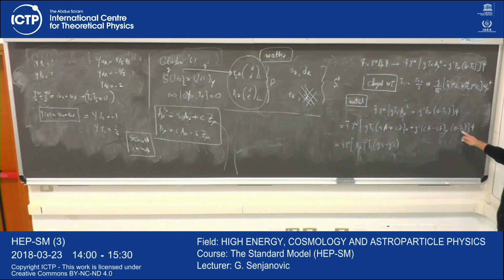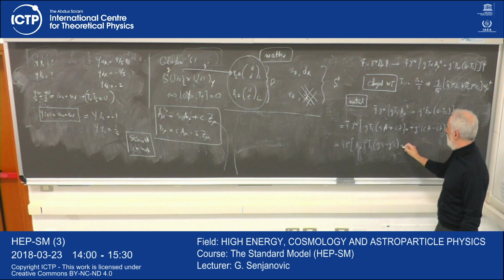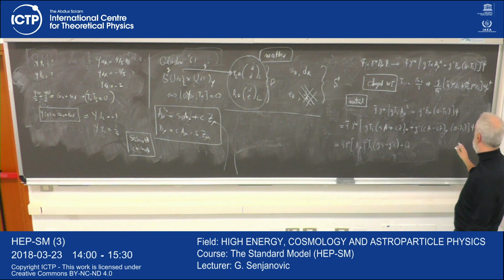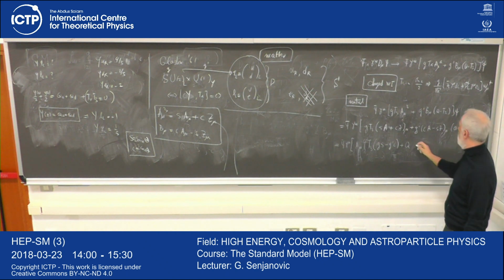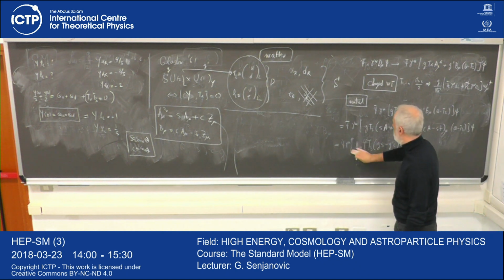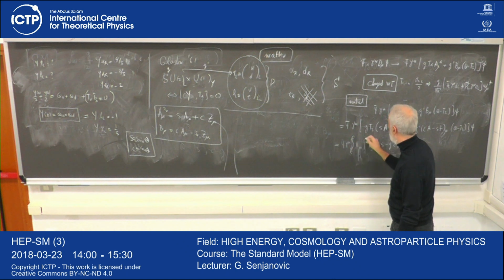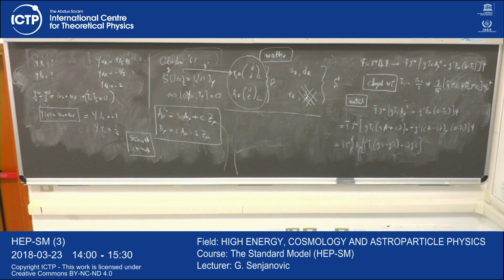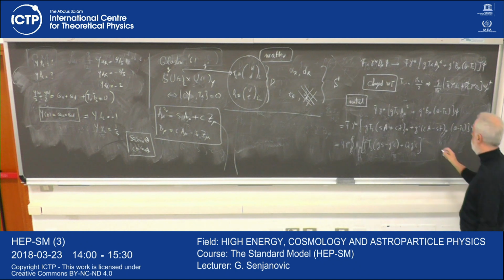Yes. Minus, right? Yeah. C comes with minus sign. T3 I'm looking. Plus Q. Q has coefficient G prime times C. This is A mu. Plus Z mu.